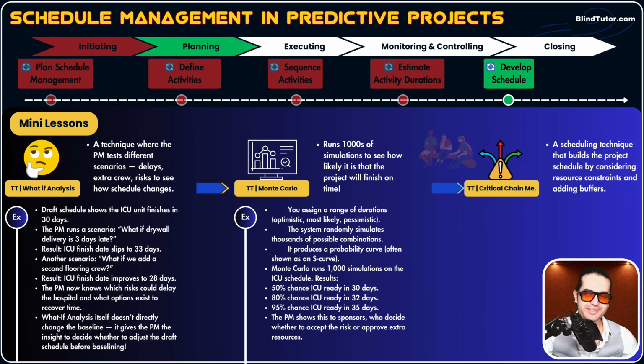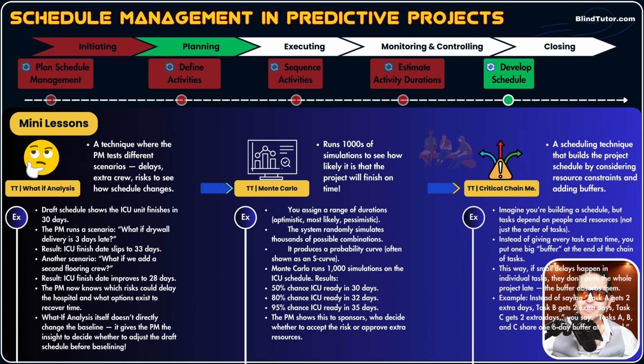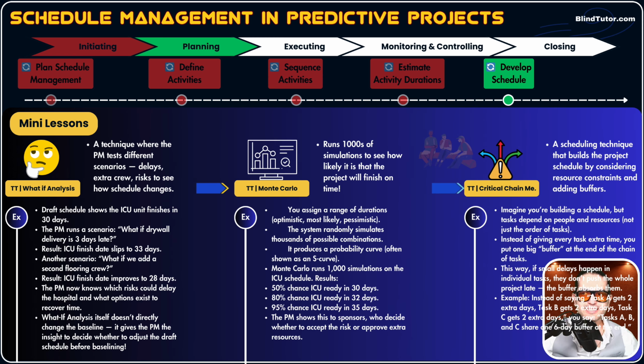Let's elaborate with an example. Imagine you're building a schedule, okay? But tasks depend on people and resources, not just the order of tasks. There are people and resources. Now, instead of giving every task extra time, you put one big buffer at the end of the chain of tasks. This way, if small delays happen in individual tasks or activities, they don't push the whole project late.